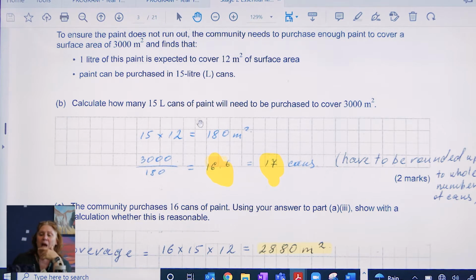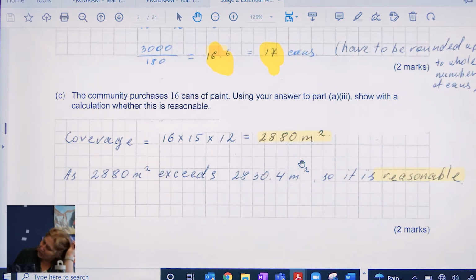And even, for example, if the students did these calculations wrong, but they understand that it has to be rounded up, not down, to the correct number of cans, they will get their 1 mark there. Okay, and the last question is, the community purchased 16 cans of paint, using your answer in this part, show with calculation whether this was reasonable or not.